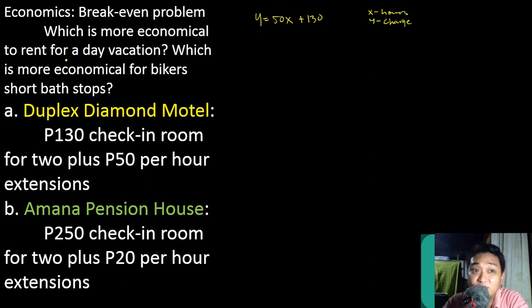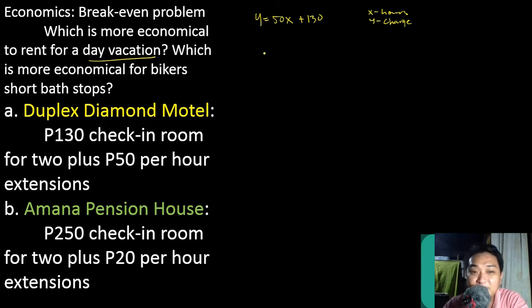Yung klase ng customer na magtatagal sa motel na yon. At meron naman tayong another type of customer na magre-rent lang ng motel for short bat stop. Hindi sila magtatagal. Yung unang customer magtatagal, yung pangalawa kakain lang, tapos maliligo lang, magpapalit lang damit, tapos larga na.